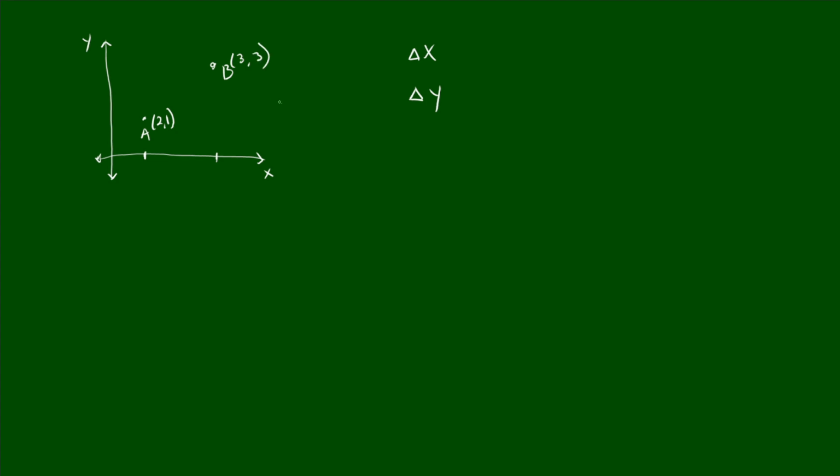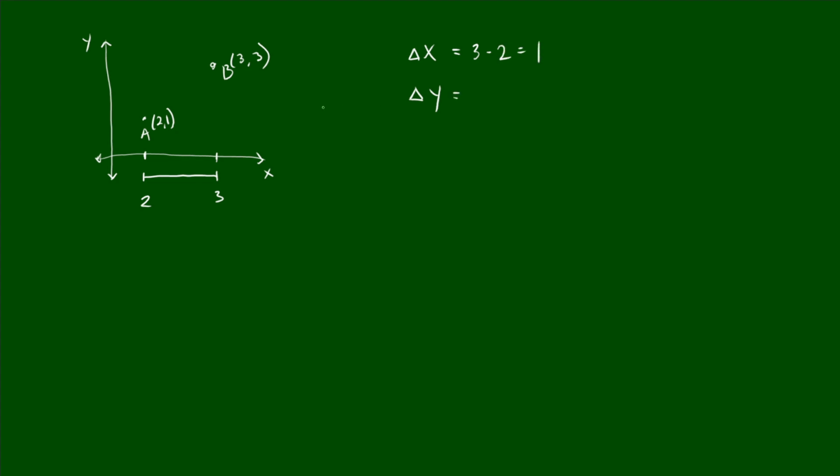Don't worry about the scale of the image. We're just going to work with the numbers, with the coordinates. So the change in x here would be this distance right here. What is the value of that distance? Well, if you know that this is 3 and this is 2, that's just the difference between the two. Delta x is 3 minus 2, that is 1.